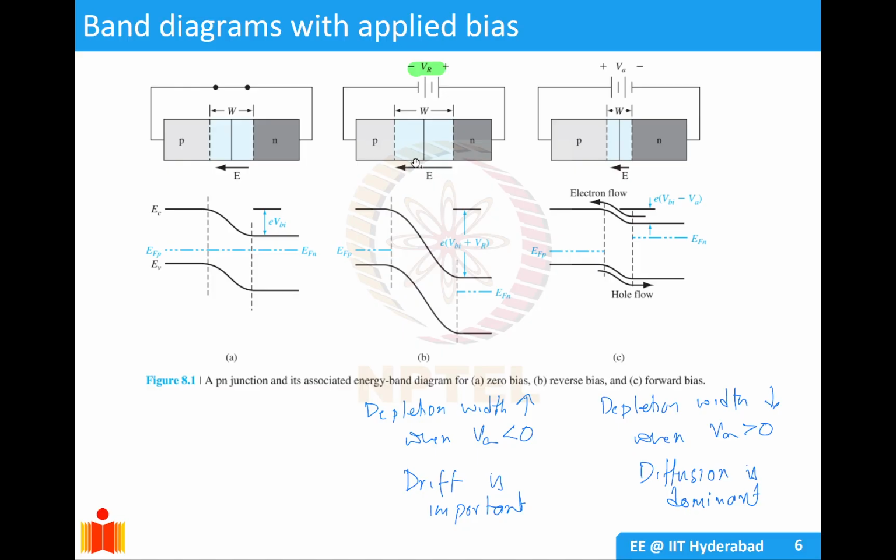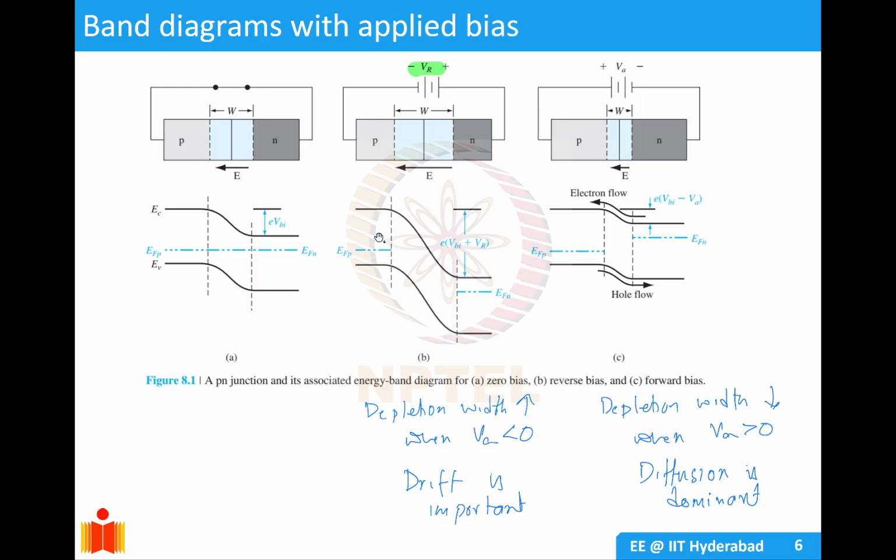When you apply a reverse bias, the majority carriers move out of the junction because of drift current, and this increases the net depletion width and also increases the potential barrier, as we have earlier studied.